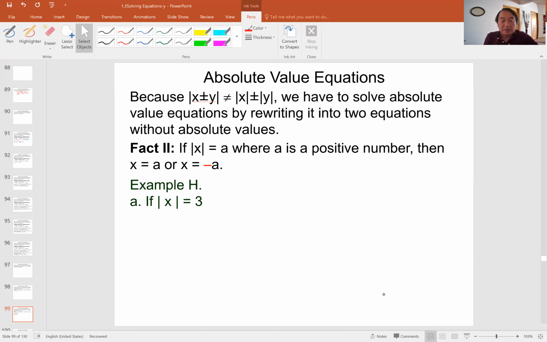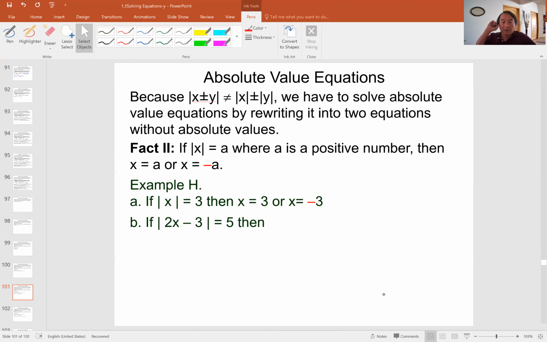All the absolute value equations we're going to see will change into 2 equations without absolute value, because the distance has 2 sides. In other words, in these problems, x could be 3 or negative 3. Similarly, if I have an expression whose absolute value is 5, then there are only 2 options.